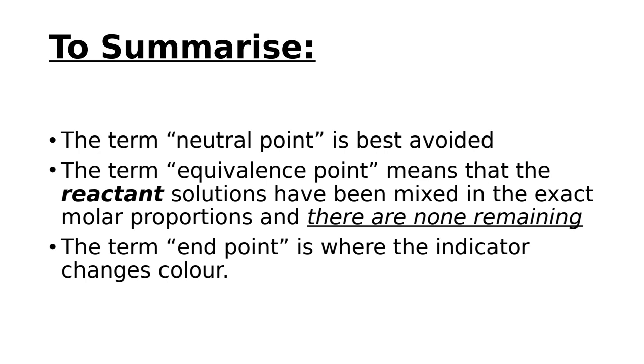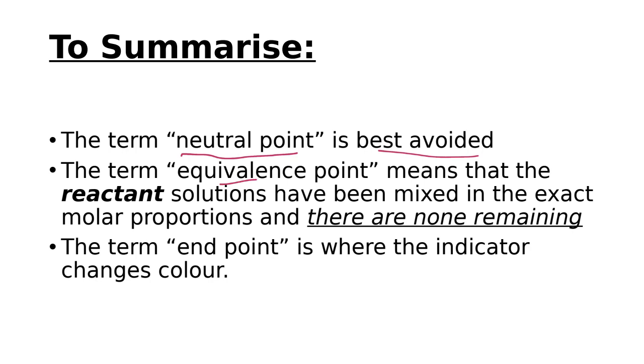So to summarize some terms that were learned back in grade 11: the term neutral point, which we often would use when we say that we're neutralizing an acid and a base, implies a pH of 7. This term is best avoided, because again, we don't always have a pH of 7 in a neutralization reaction.